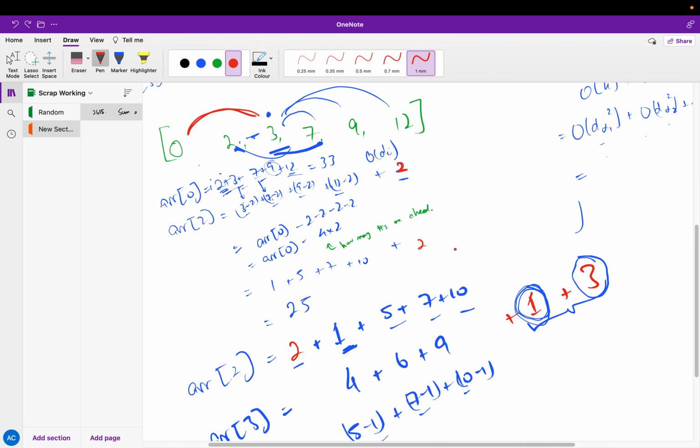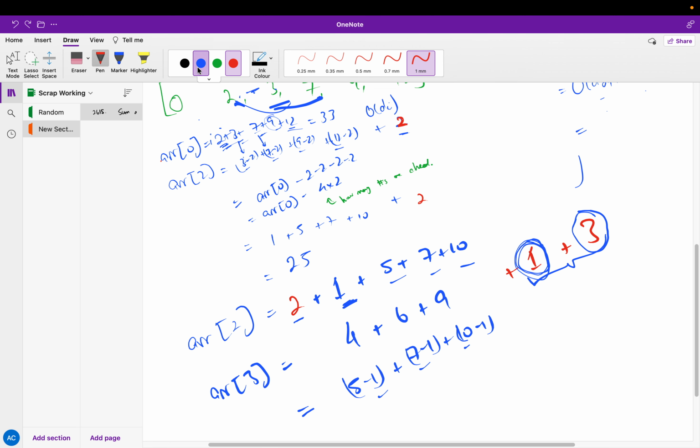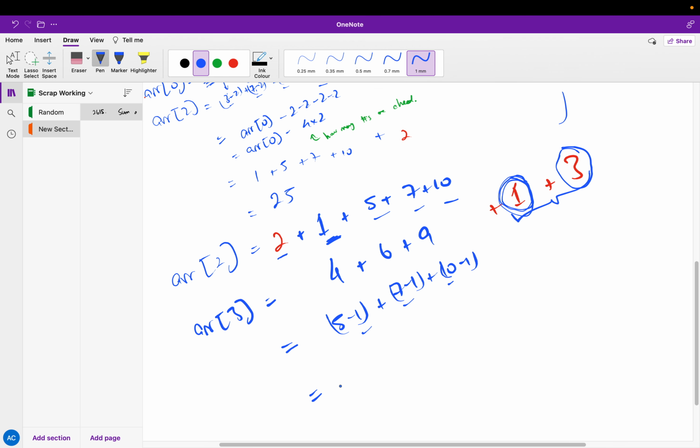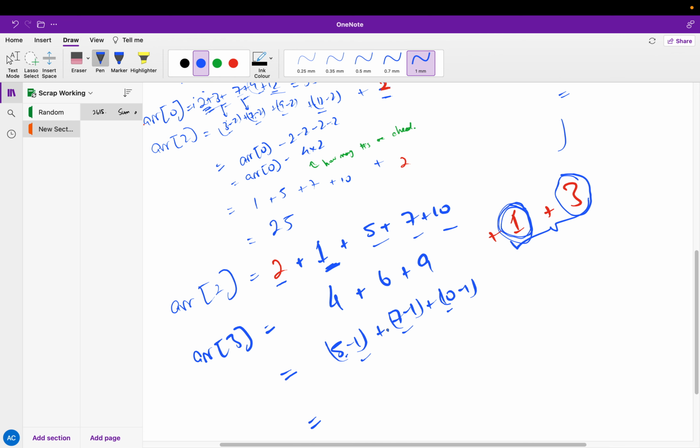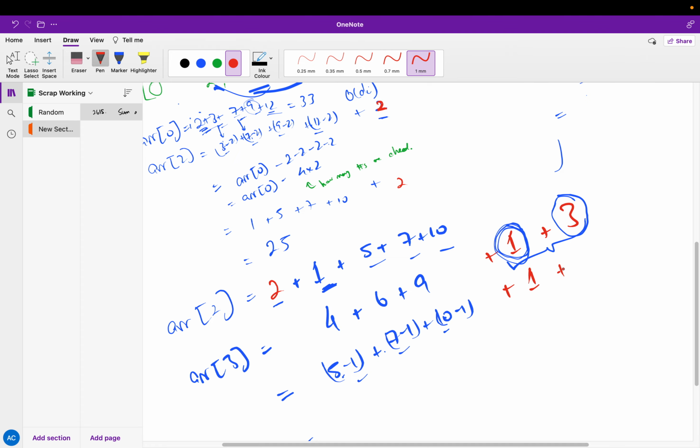Okay. So the red numbers, okay, let's just write it out. So it would be 5, 7, 10 plus 1 plus 2 plus 1.